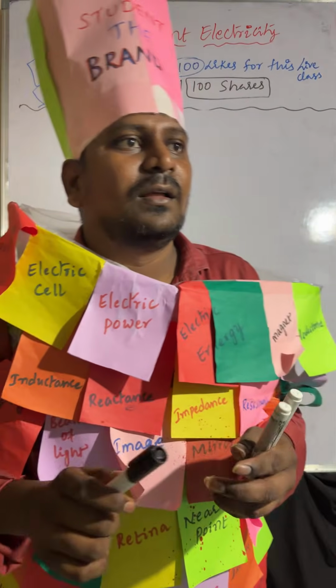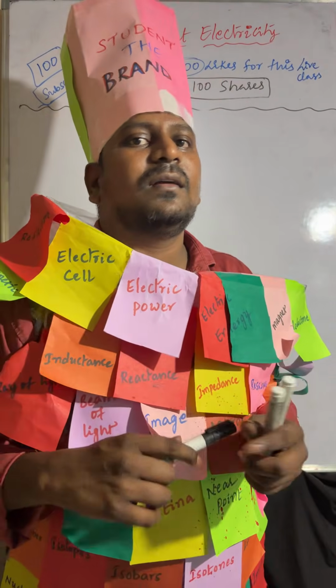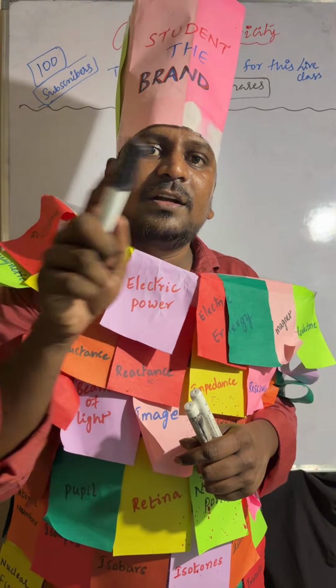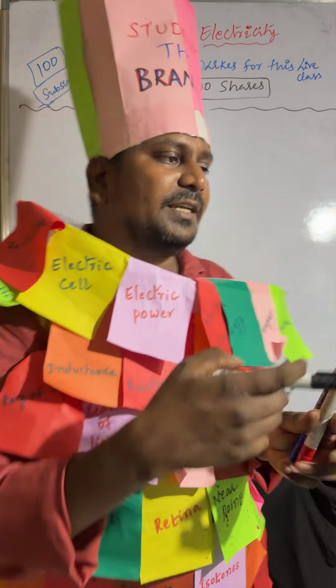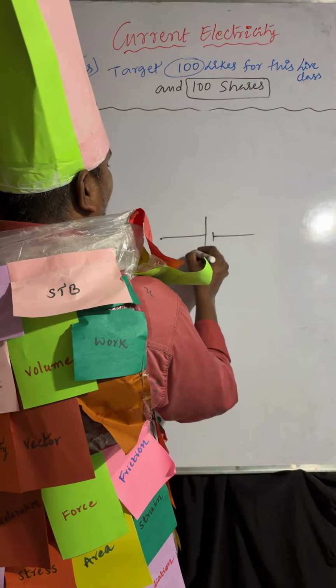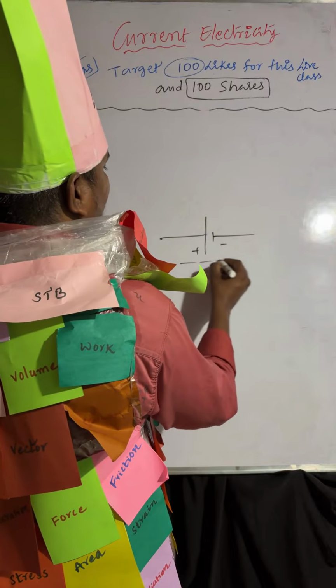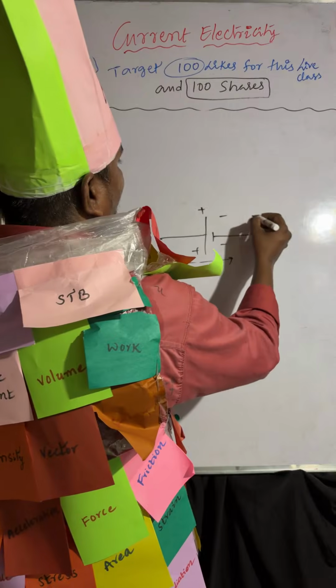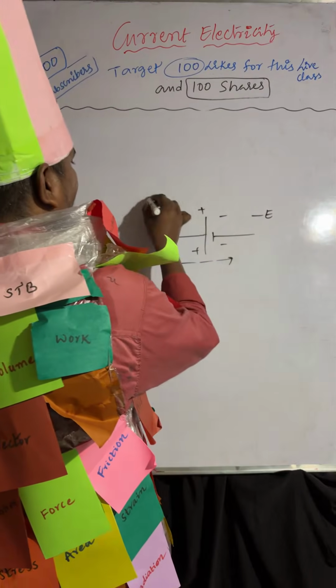So if you are moving across the cell, through the cell, from the positive terminal to the negative terminal, the final point you reach matters. Here this is the cell, positive, negative. You are moving along this path, positive terminal to negative terminal. If you are moving to the negative terminal, the EMF is negative. That is point number one.